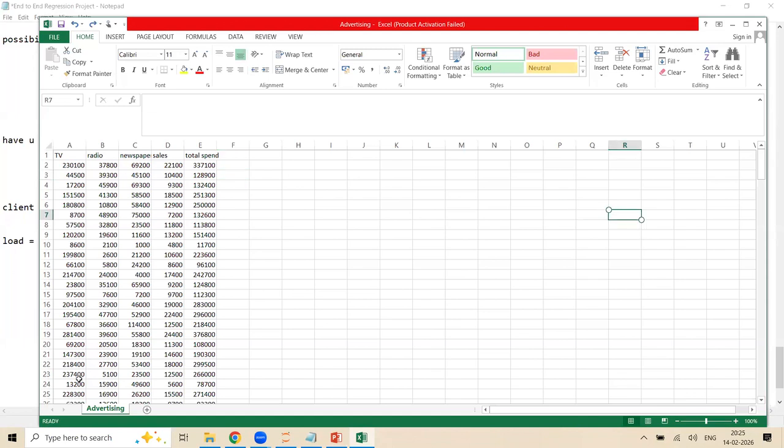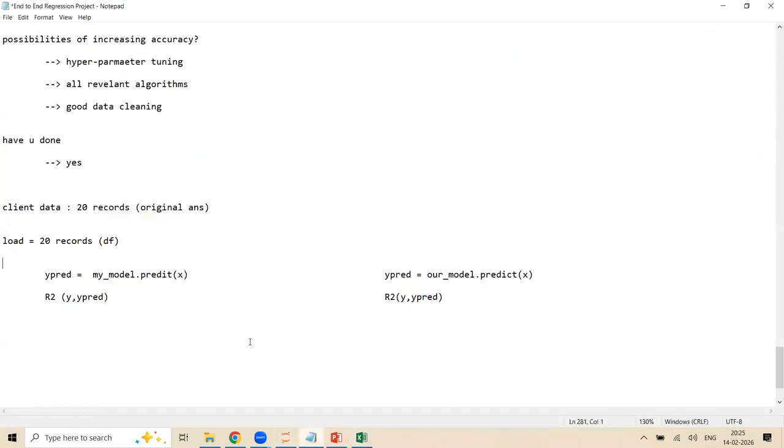For example, if you want to separate the last 20 records, df.iloc of -20 to 0. -20 means the last 20 only. Automatically the last 20 records will be separated, and let us name it client data. Separate that. Okay? Everyone is clear now?